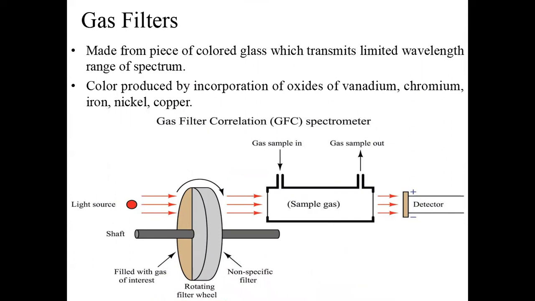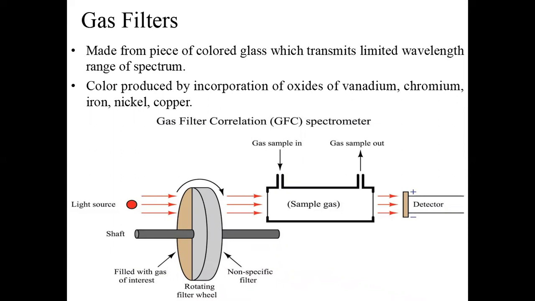And this diagram is a glass filter correlation spectrometer which is used in the laboratories. The light source comes and there is a rotating filter wheel which is filled with the gas of interest, and there is also a non-specific filter, and then the light moves towards the sample gas.